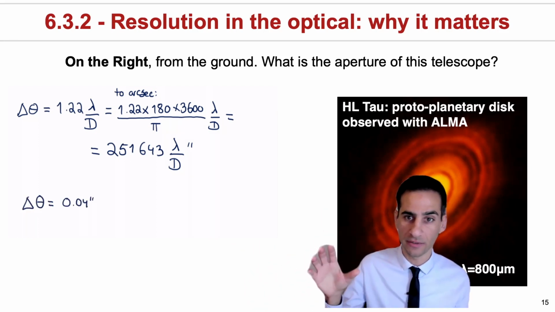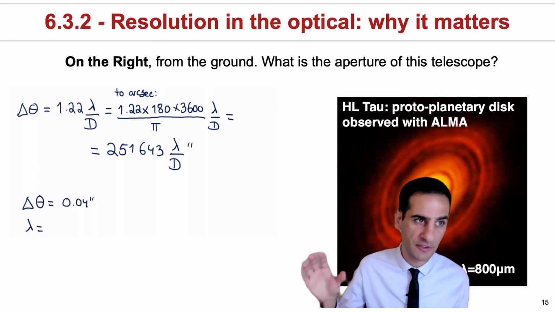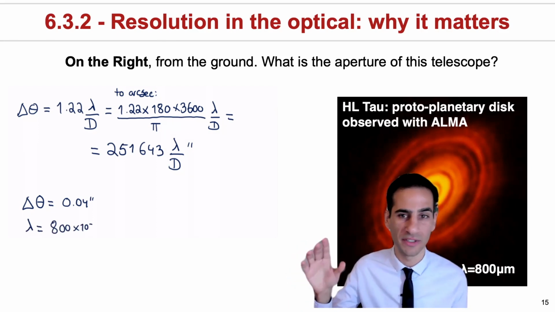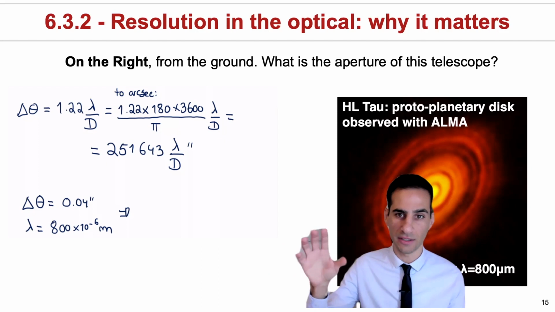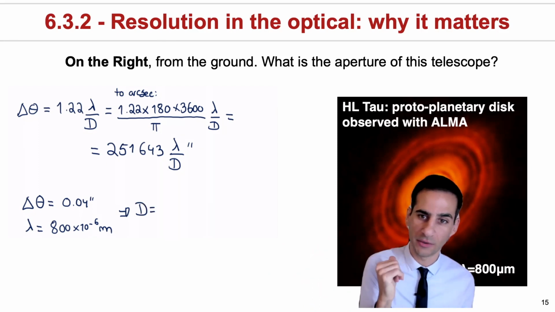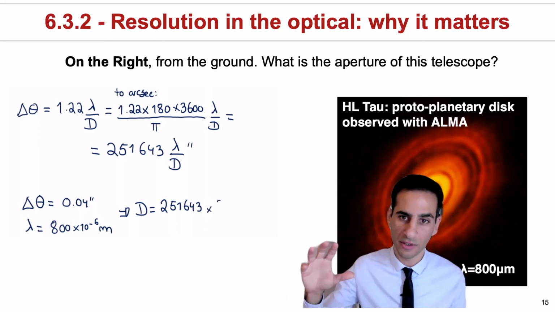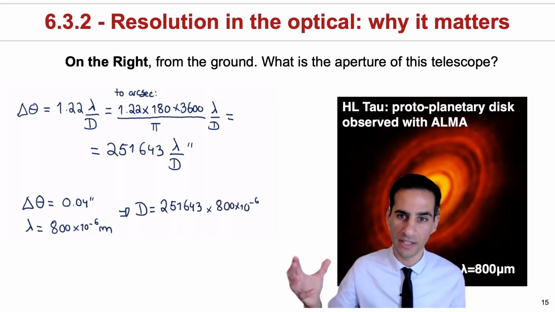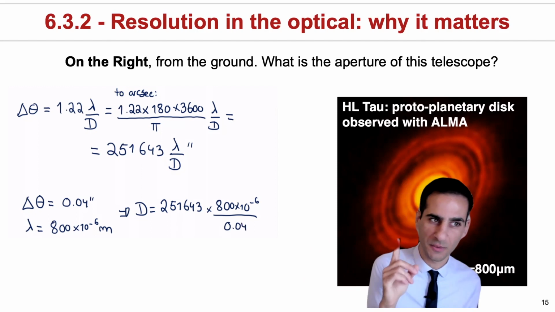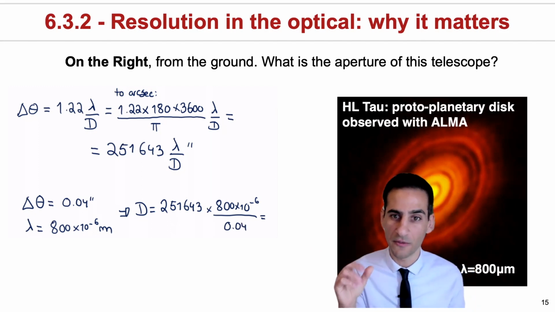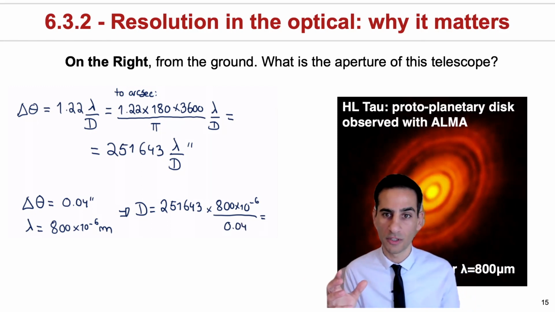If we plug in the values, that number of 251,643, and multiply by 800 microns divided by some diameter, and then solve for the diameter, we'll realize that the telescope required to get this resolution has a diameter of 5 kilometers, which is really impressive.